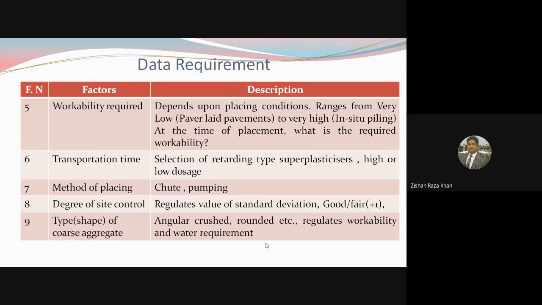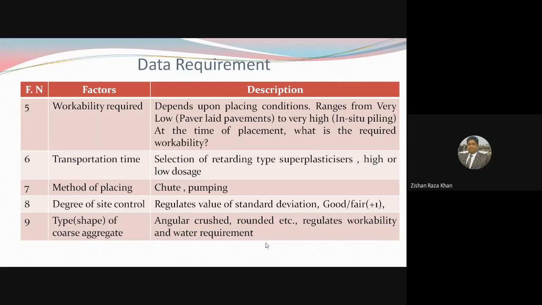If your concrete is coming from a distance, you need a sufficiently good amount of transportation time, mostly nearly 2 to 2.5 hours, and you need to use superplasticizers, which also come mixed with retarders. Based on the transportation time, we can choose the dose of superplasticizer required.